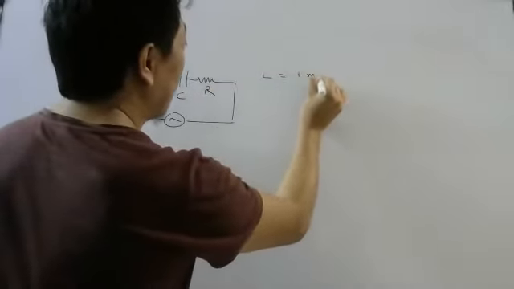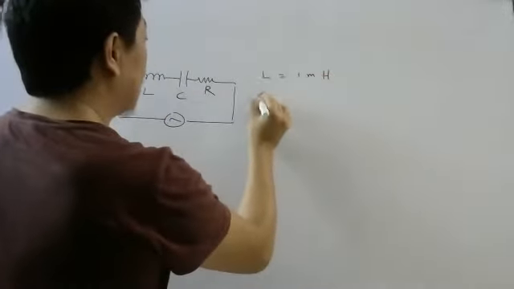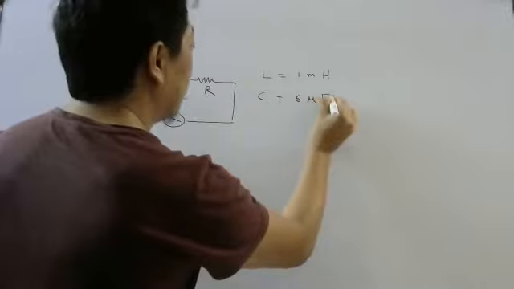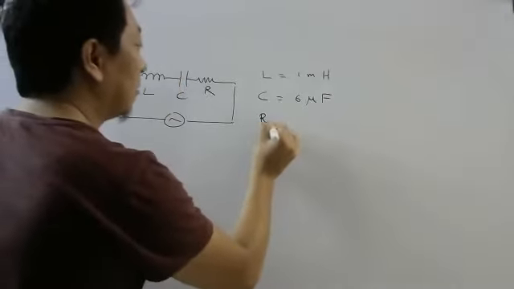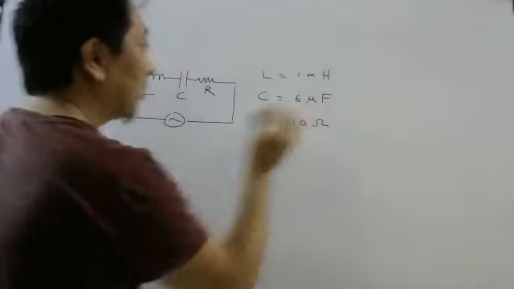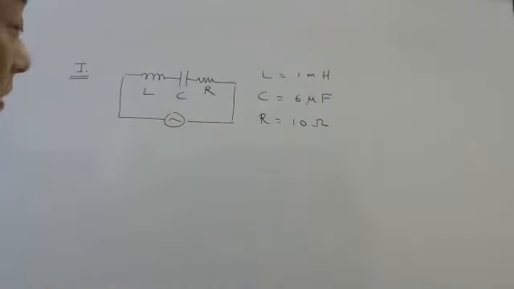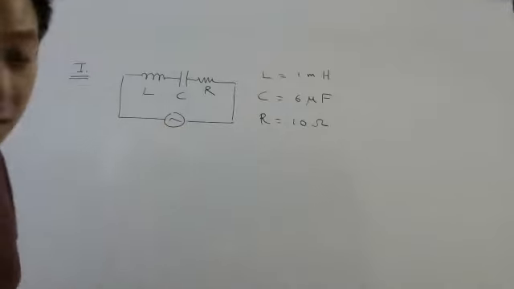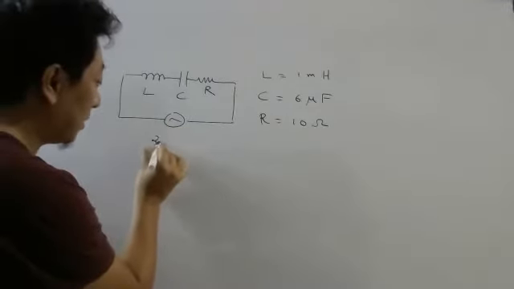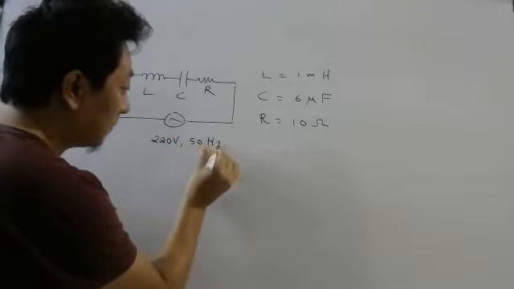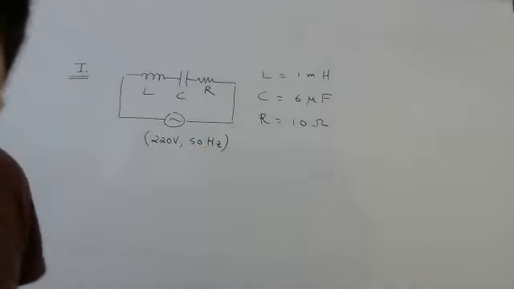Let's say L is 1 millihenry, C is 6 microfarad, and R is equal to 10 ohm. These are the values given. Now for this AC source, they will mention it is 220 volt, 50 hertz. Like this, they will mention in the exam.